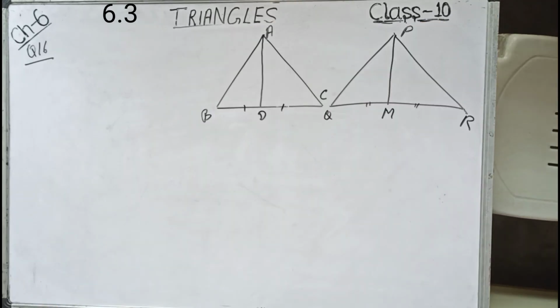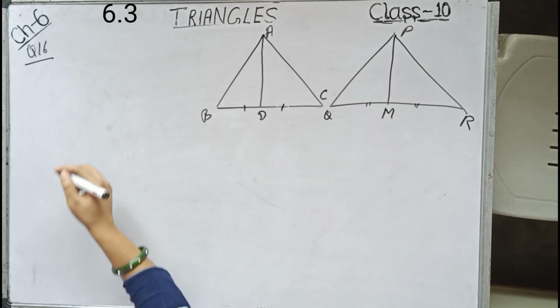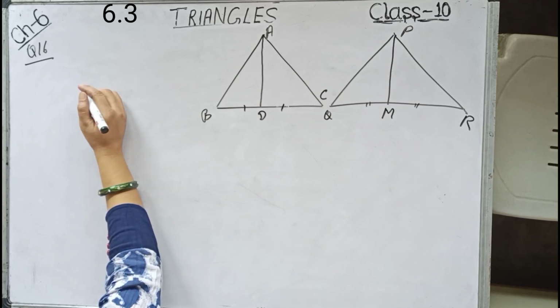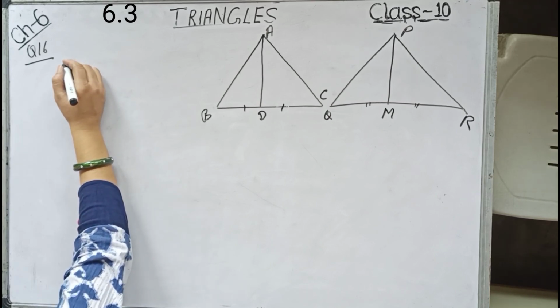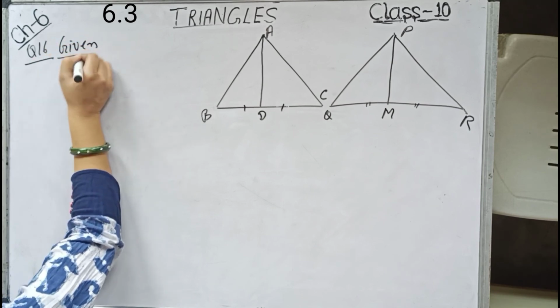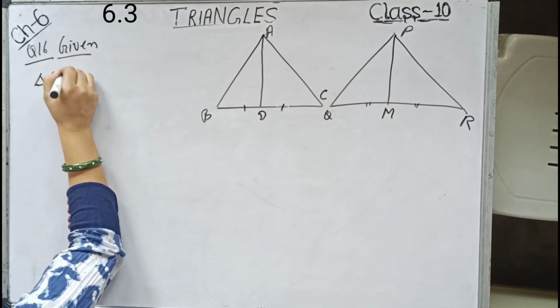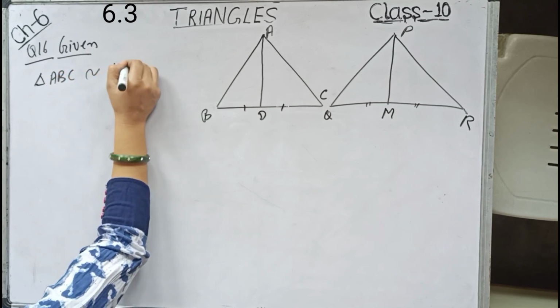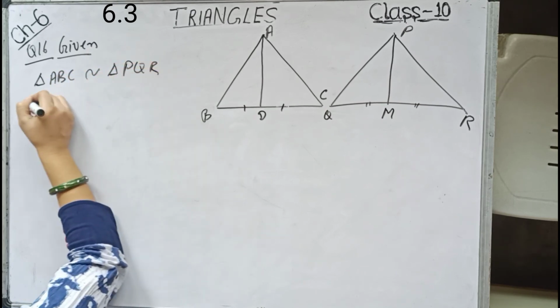Question number 16. It is given that AD and PM are medians of triangle ABC and PQR respectively, where ABC is similar to PQR. So given, triangle ABC is similar to triangle PQR.